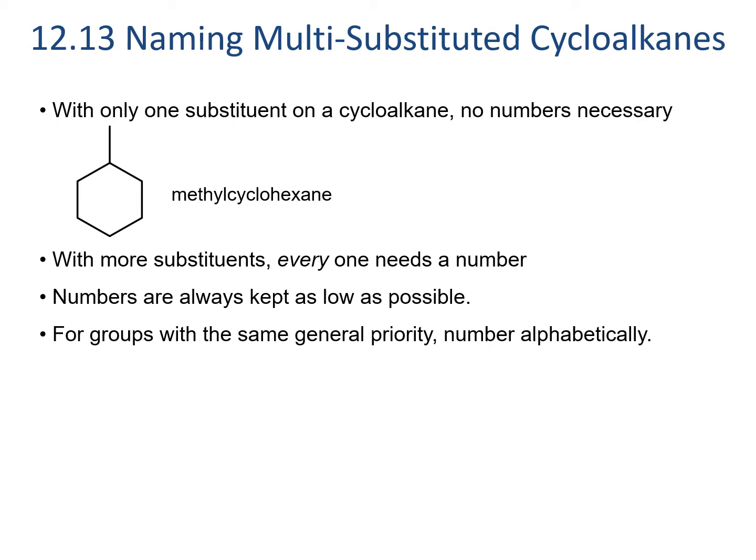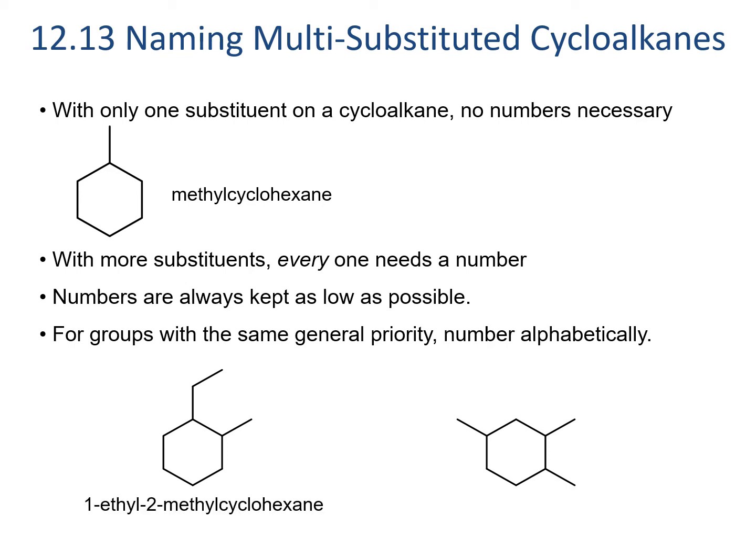So here are 2 examples. For this molecule, on the left, we give it the name cyclohexane because it's a ring with 6 carbons. We have an ethyl at the top and a methyl at the side. Because the ethyl is lower alphabetically, that gets to be 1, making the methyl at the 2 position, and the whole molecule then would be 1-ethyl, 2-methyl cyclohexane.